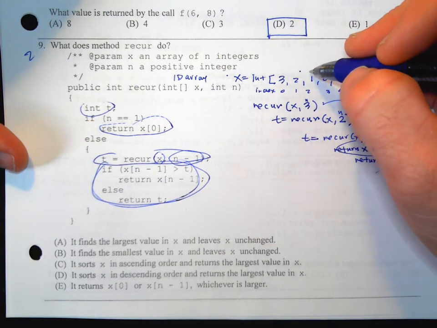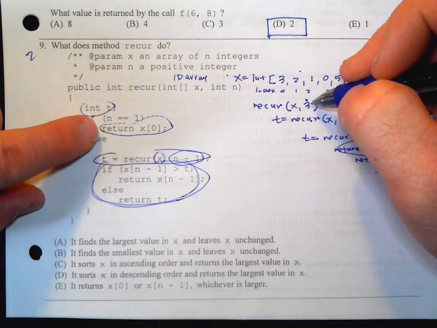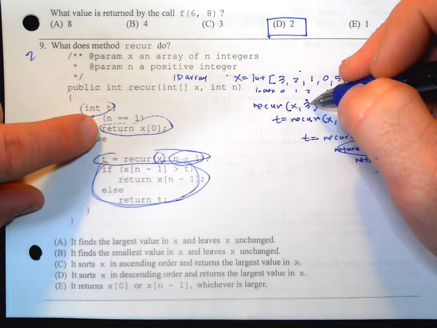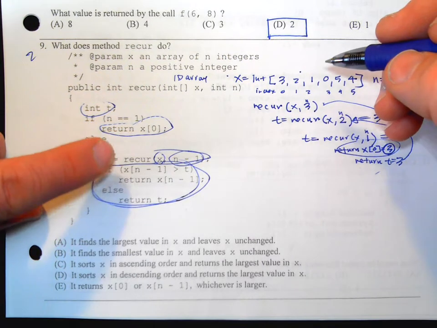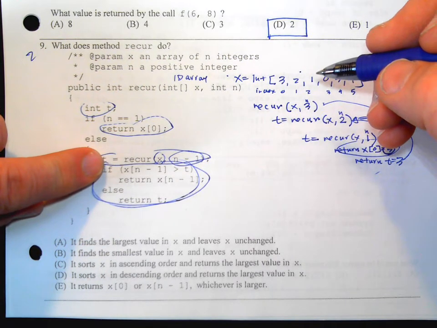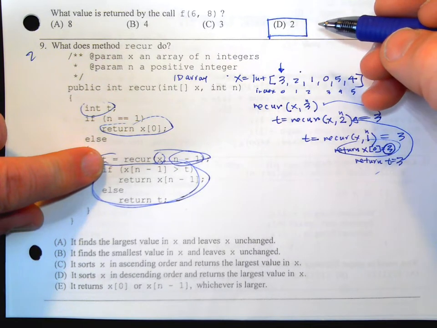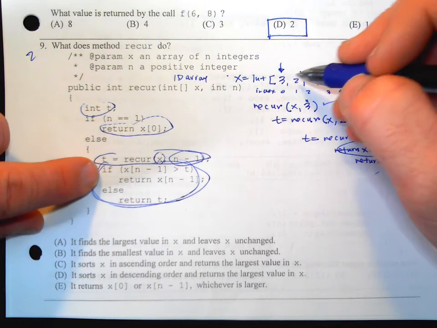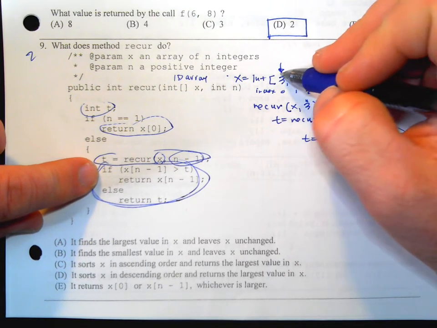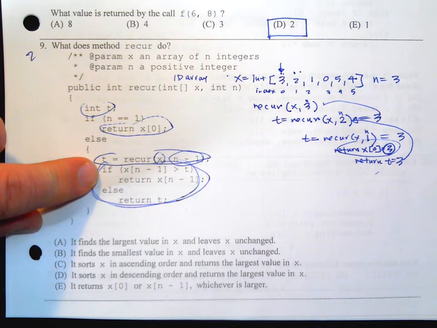If n equals 1, it just returns the first spot because that's the biggest thing. Otherwise, it looks in the second spot. So it doesn't even check the first spot. If that's biggest, then that's the answer. Then it checks this one versus that one and that one versus that one, I think.